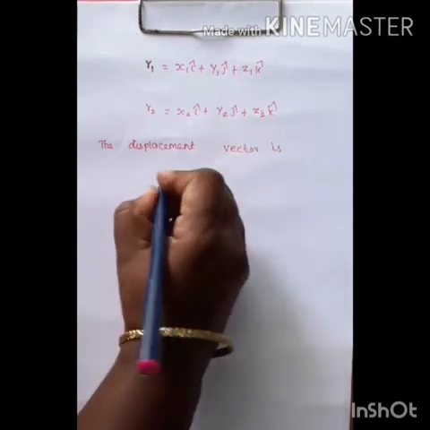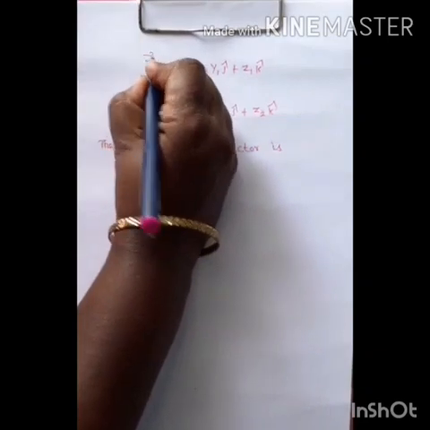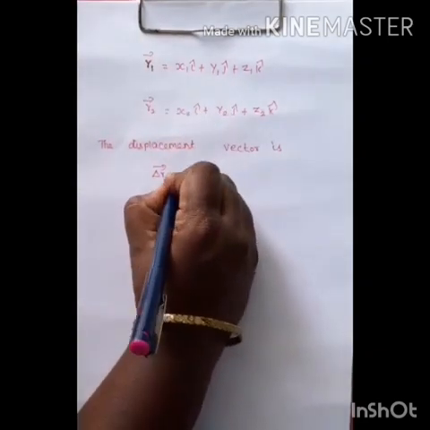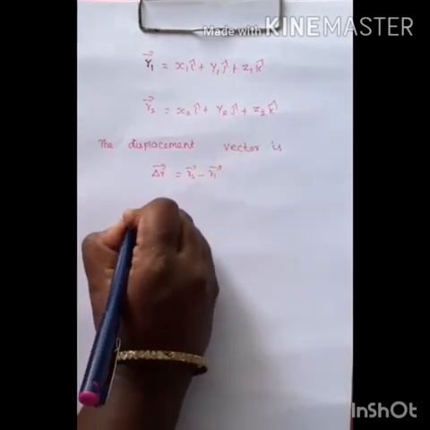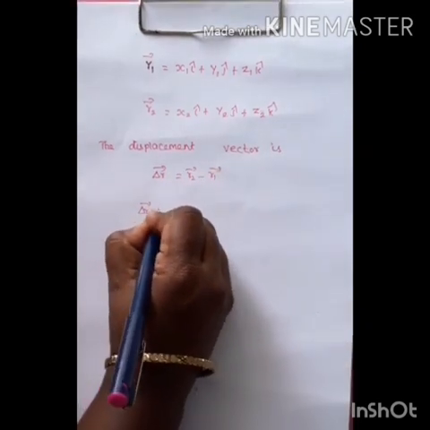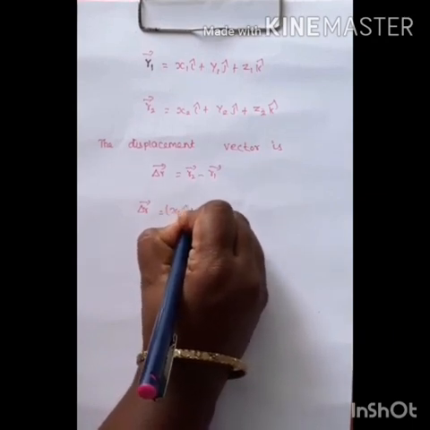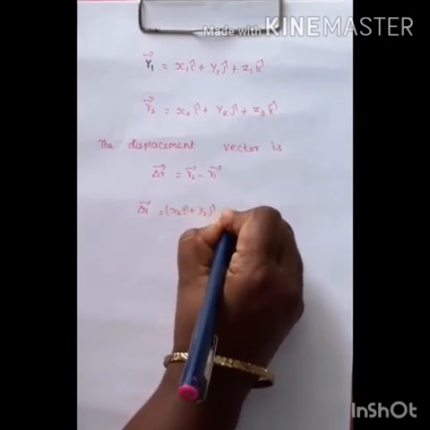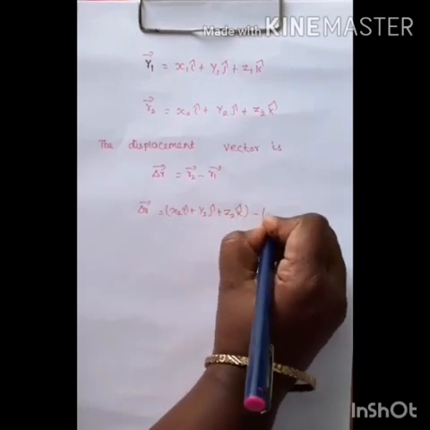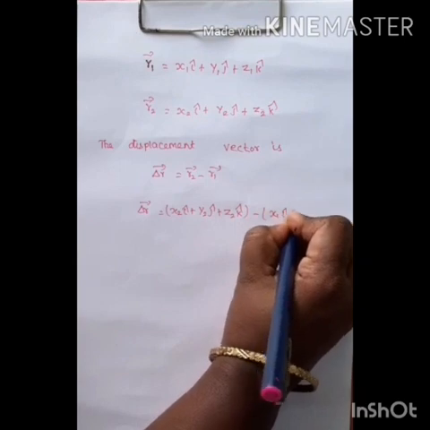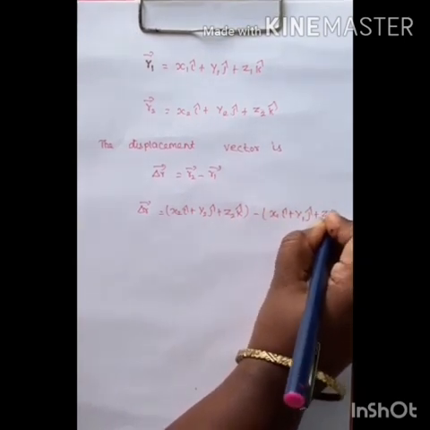Therefore, the displacement vector del r is equal to r2 vector minus r1 vector. Therefore, the displacement vector is equal to x2 i cap plus y2 j cap plus z2 k cap minus x1 i cap plus y1 j cap plus z1 k cap.